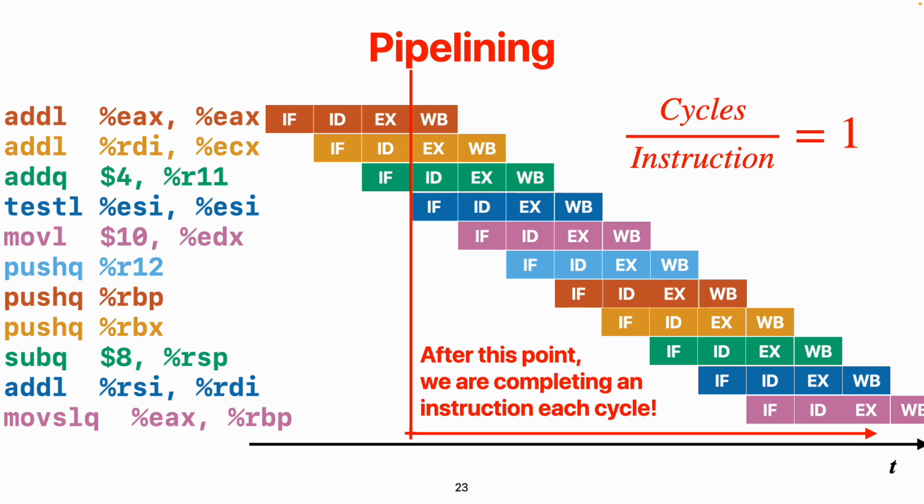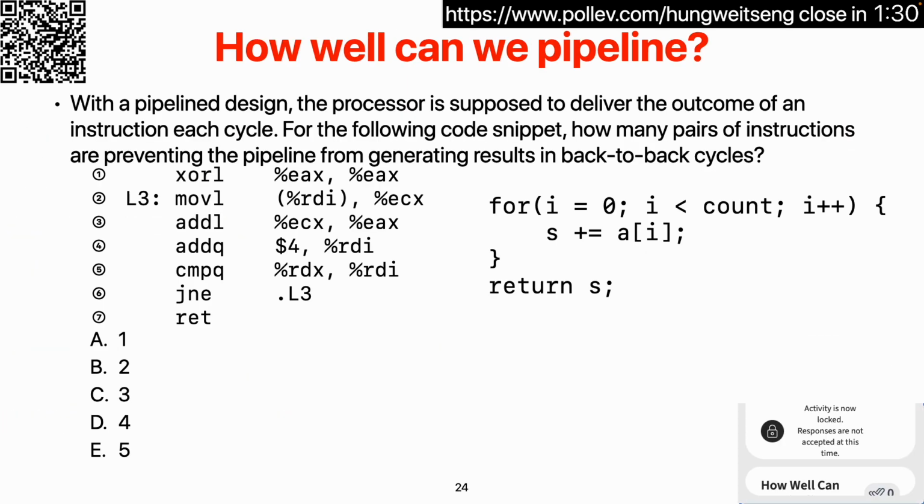Remember, performance equals instruction count times CPI times cycle time. And here, instruction count remains the same, CPI remains the same, your cycle time gets a lot shorter, so your performance is a lot better. Now, given the concept of pipelining, is it really as ideal as we would imagine?